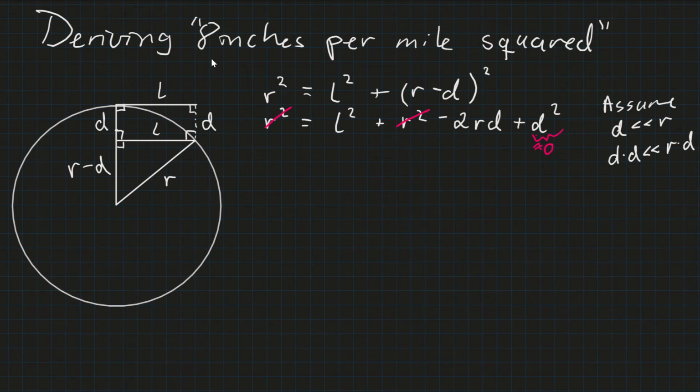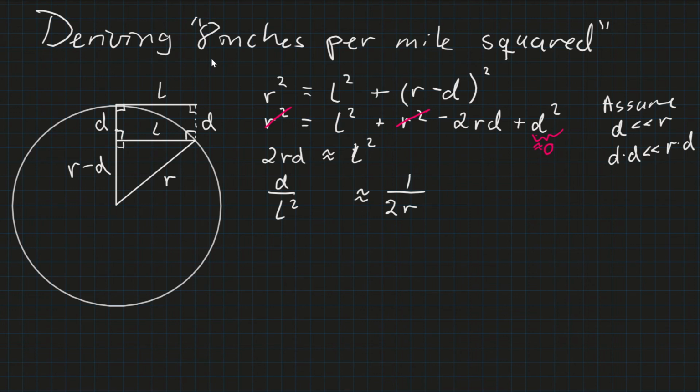So if I now write what I have, 2Rd is approximately equal to L squared. Now I can collect the drop per distance squared on one side, d divided by L squared, and I can move the 2R over to the other side, so I get d divided by L squared is approximately equal to 1 over 2R.